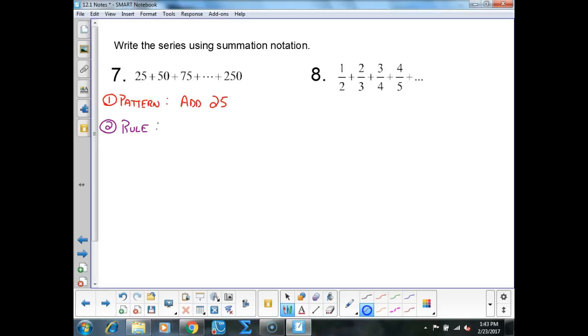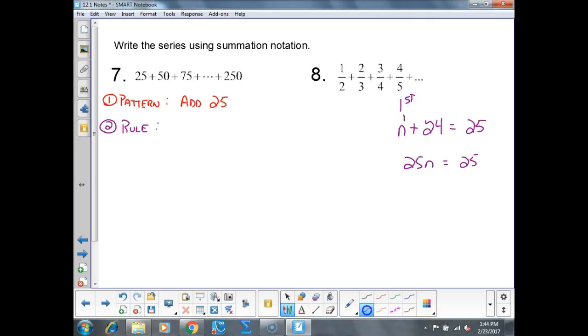It's either going to be n plus 24 to give me 25, or it's going to be 25 times n. If it was n plus 24, that would give me 25 for my first term. Or 25n would give me 25 for my first term.